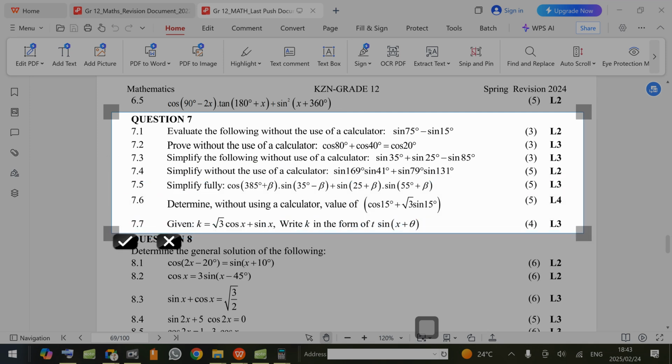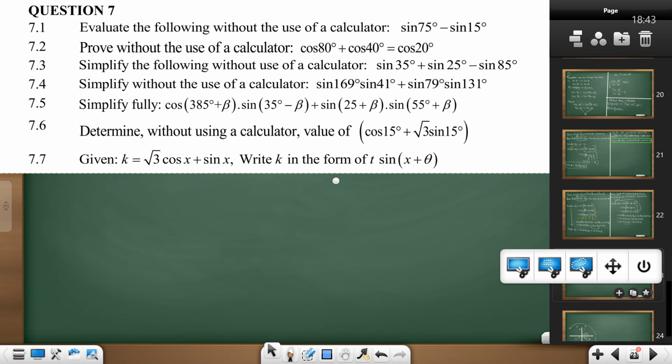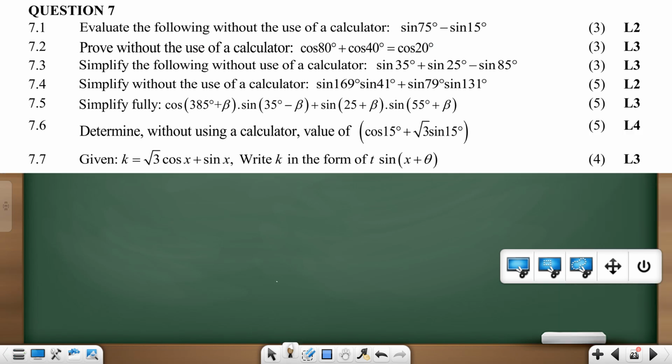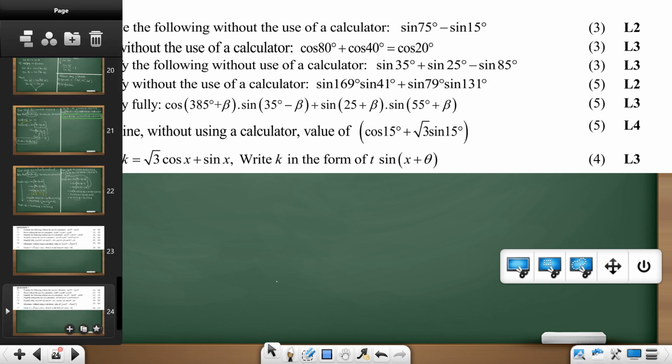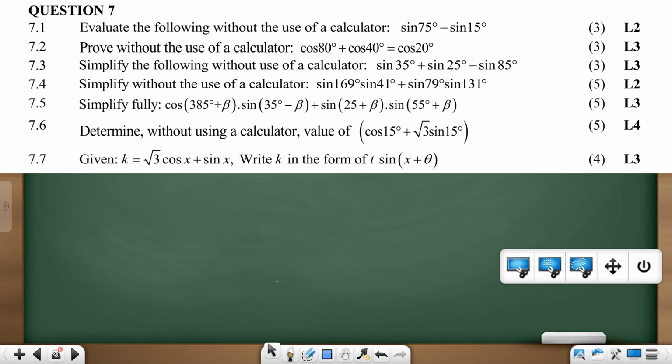Guys, I have the 7 questions that I want us to dismantle. I'll show you the idea of how these questions work. Is that okay? Please, I want you to follow. Look at the first one and the second one on this page.